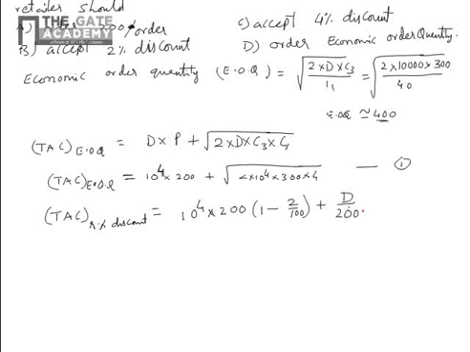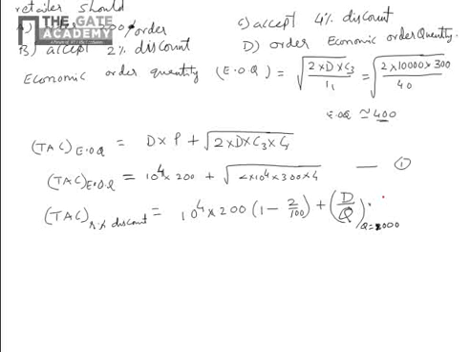So I will write the formula first. D by Q, for Q equal to 1000, gives the number of orders.